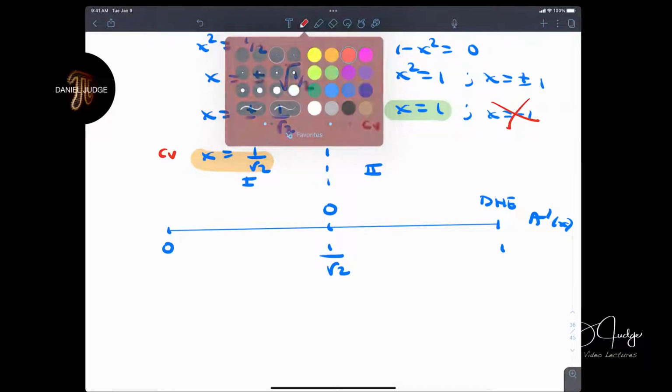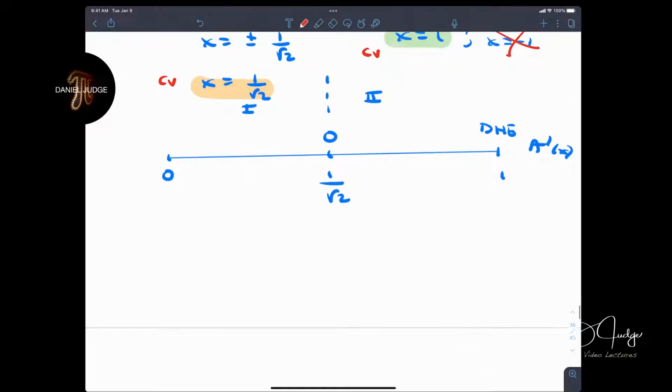And if you guys remember, 1 over the square root of 2 is the same as the square root of 2 over 2, which is about 0.7. If you guys remember from trigonometry, that's a very famous ratio. It's like 0.707. So it's good to know that ratio because I'm going to use again 0.5 as a test point and maybe 0.8 as a test point for my sign analysis.